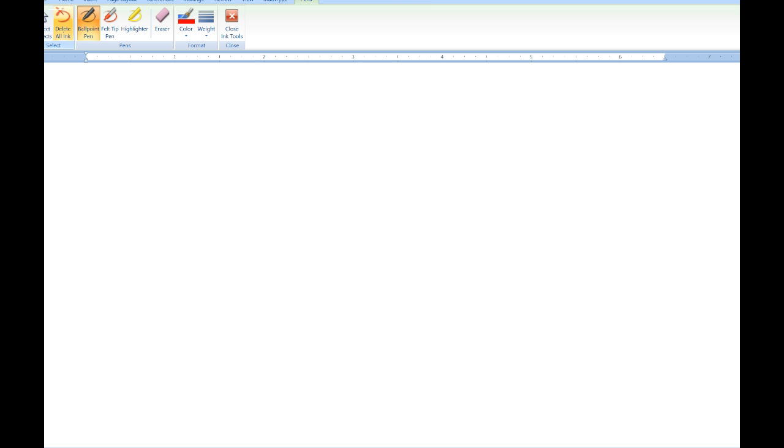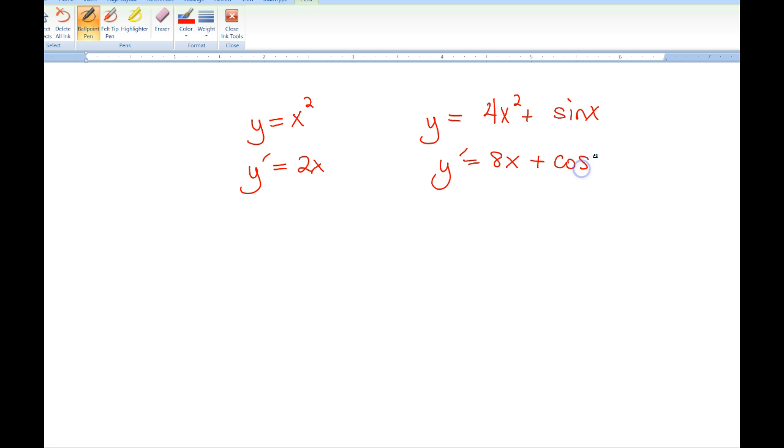Explicit differentiation is actually what we've been doing all this time. When I have y equals x squared, and I say find the derivative, we would say y prime is equal to 2x. Or if I said y equals 4x squared plus sine x, y prime would be 8x plus cosine x.